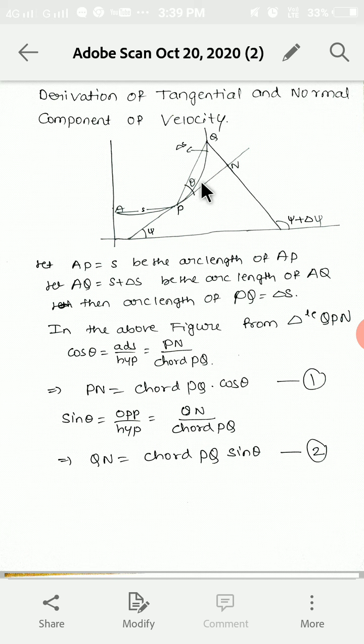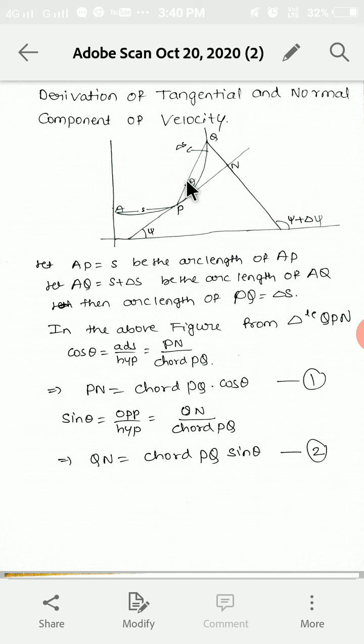The adjacent side is Pn, divided by the hypotenuse, which is the chord PQ, because chord PQ is a straight line. From this equation we find Pn. Cross multiplying, Pn is equal to chord PQ into cos theta. Call this equation 1.